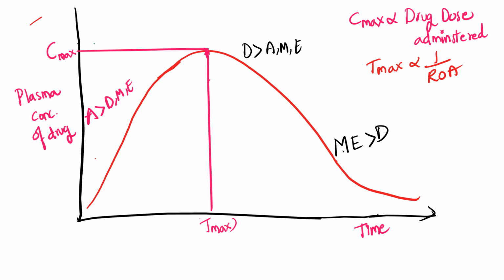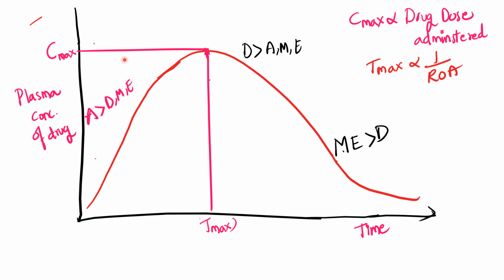Before understanding Cmax and Tmax, let's understand this graph. This is plasma concentration, this is time. Cmax is the maximum concentration of the drug in the plasma. See, when you give it orally, it is slowly absorbed. The rate of absorption is slow, but it reaches a maximum point where it reaches the blood.